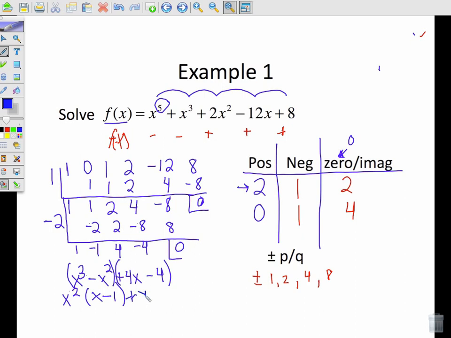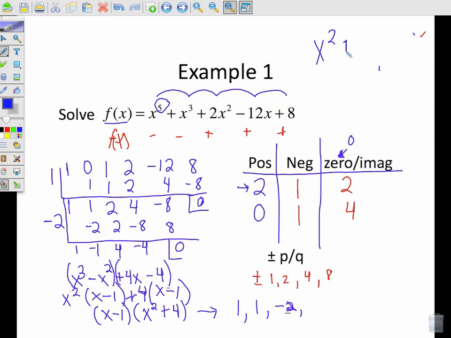Here I'm going to take out a plus 4, and I get x minus 1. Final factoring is x minus 1 and an x squared plus 4. This concludes my other solutions are another 1. So I've got 1, 1, negative 2.